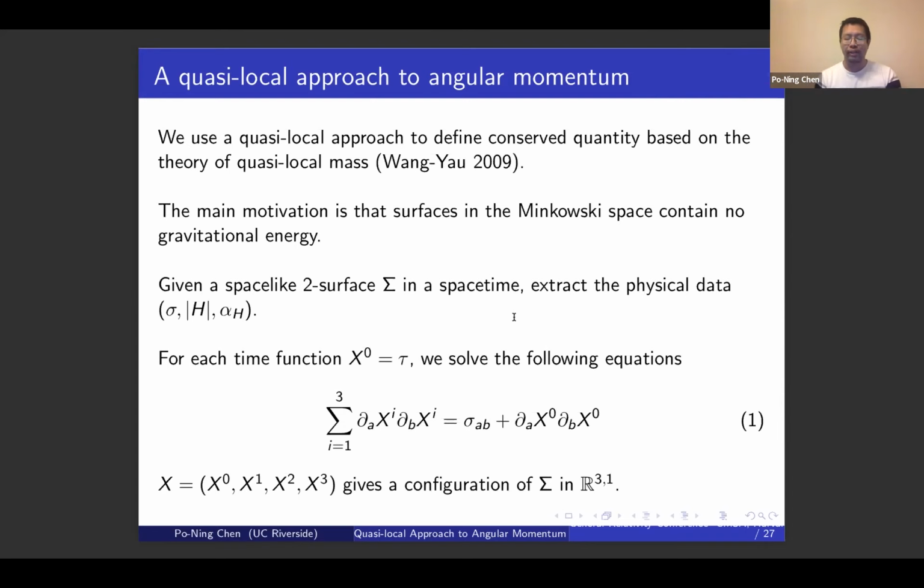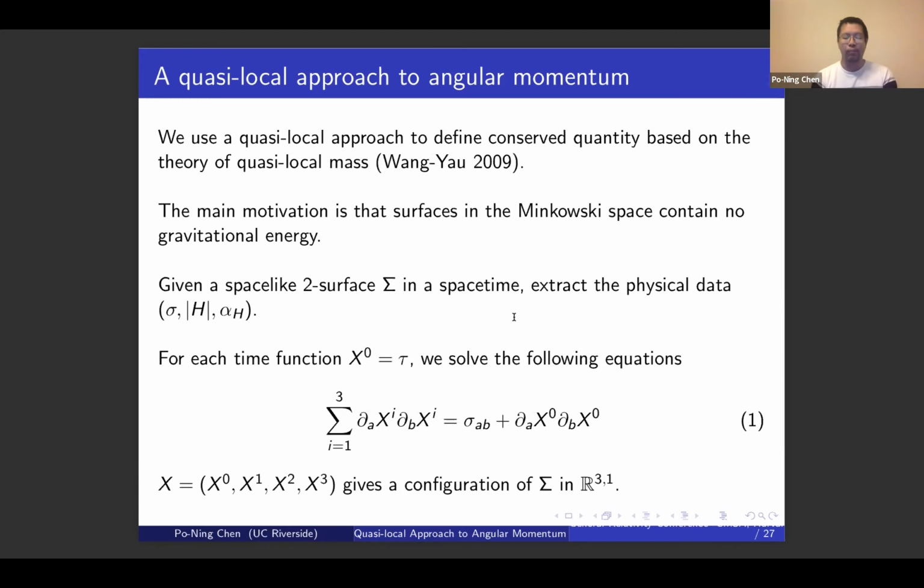Now we want to embed the surface isometrically into R^{3,1}. There is actually a degree of freedom that one can choose. So fix a coordinate system T, X, Y, Z in Minkowski space. We can prescribe the time component freely: we prescribe x0 equal to tau. Tau can be any function that you choose.